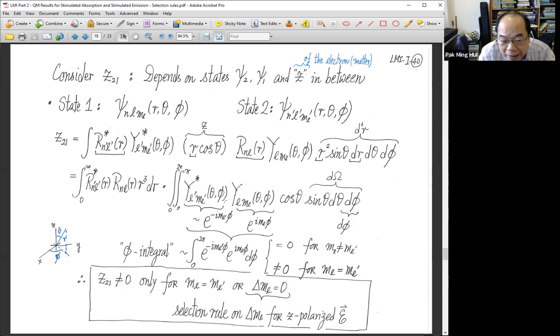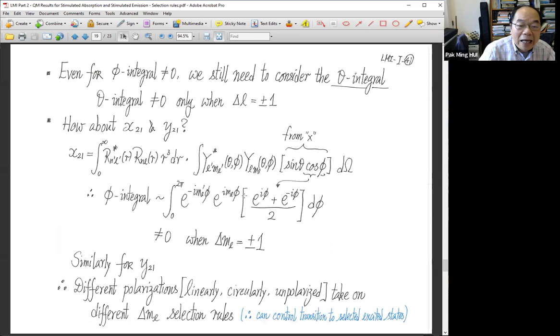There is also the theta integral that you need to worry about. So let's say the phi integral is okay, not 0. Then you have to look at the theta integral.